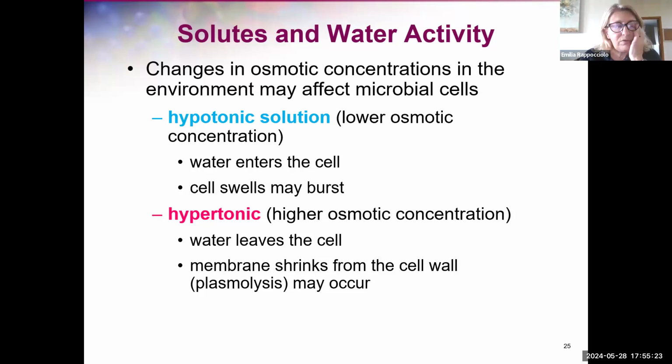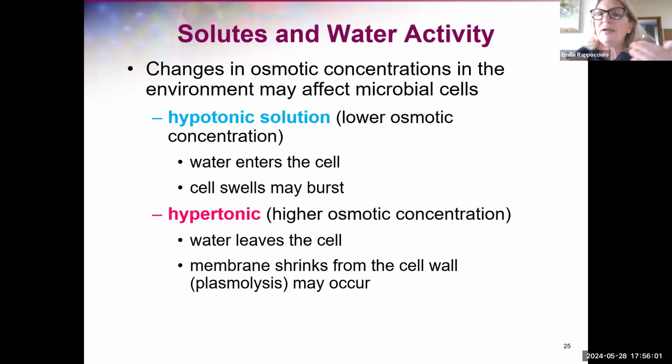Now, all cells, even our cells, have mechanisms which help them deal with changes in osmosis. Okay, if cells were immediately killed by a small change in the concentration of solute, we couldn't have had life evolving on the planet because cells would have died very easily.